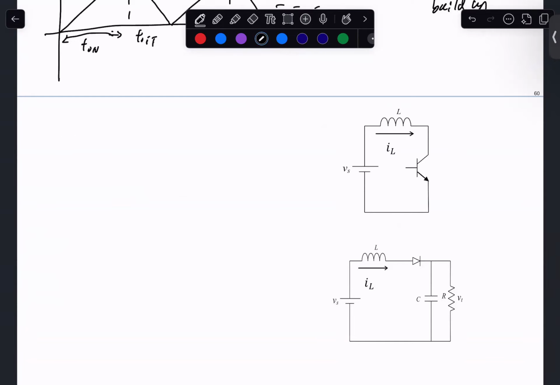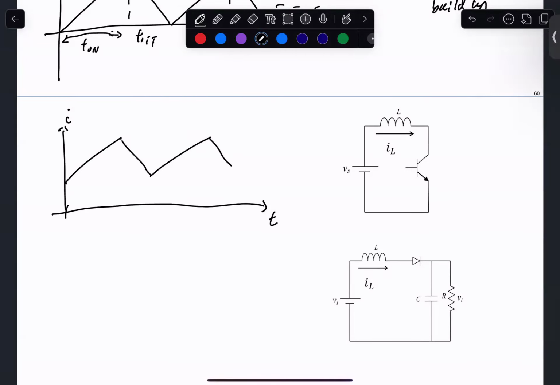The output voltage can be found through this current balance equation. So if we look again at the input current, something like this, this is current versus time. This is the inductor current.